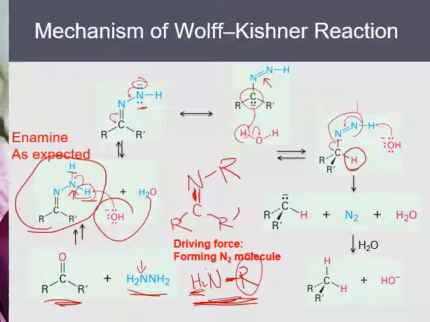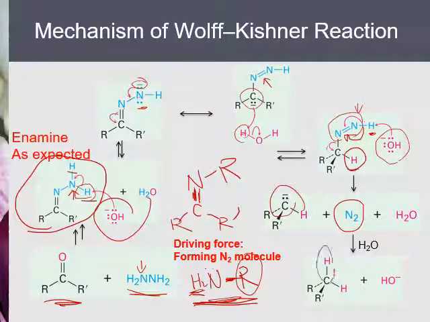But the second nitrogen still has one more hydrogen, and this hydrogen can be deprotonated again by a strong base. These two electrons go to nitrogen and form a triple bond. So this comes here, forms a triple bond, and the bond between carbon and nitrogen breaks, giving a carbanion again, and this is protonated to form another carbon-hydrogen bond.